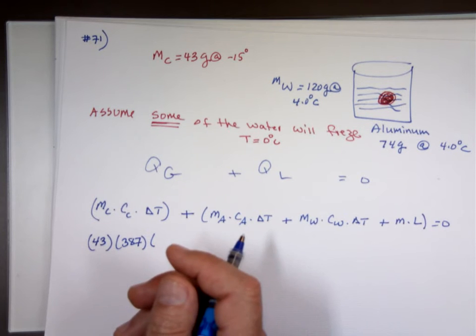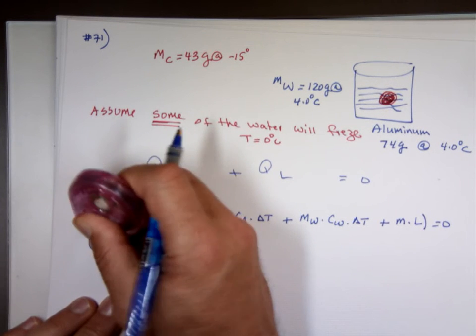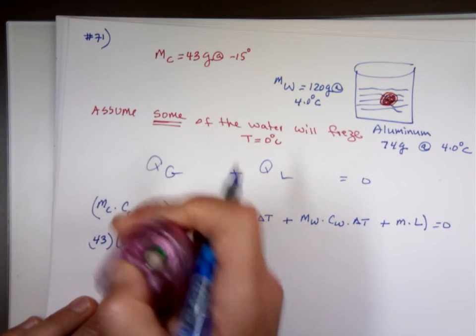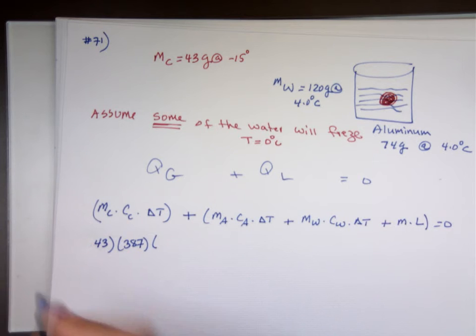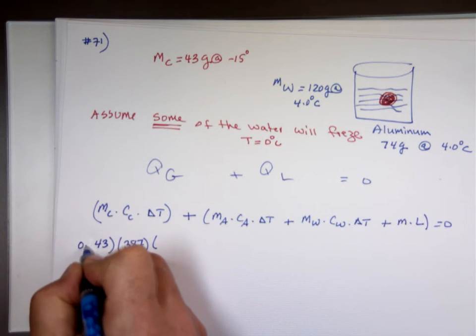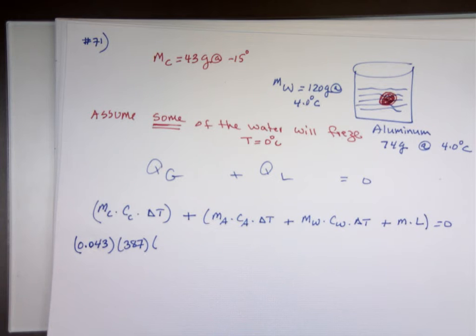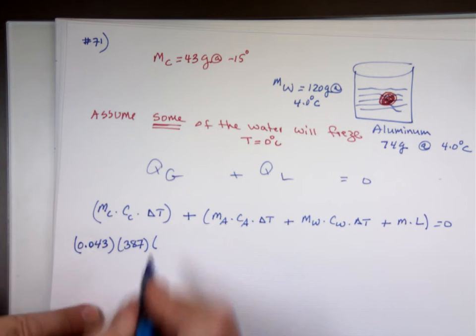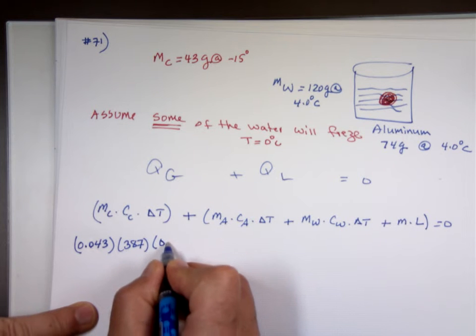And the reason I'm making it point, because if somebody else is looking at the video, they're going to say, why didn't they convert that to kilograms? It's supposed to be, but mathematically it really doesn't matter. Final temperature, which is what? 0 minus the initial, minus the minus, that's plus 15.